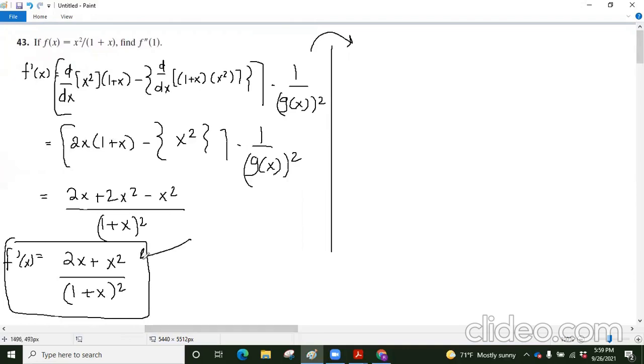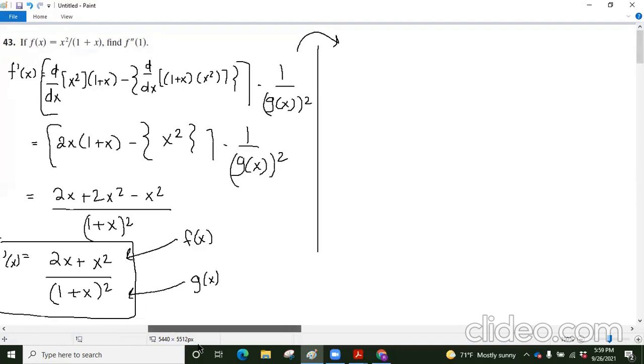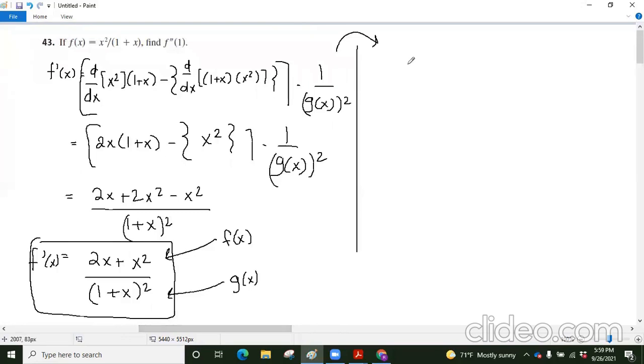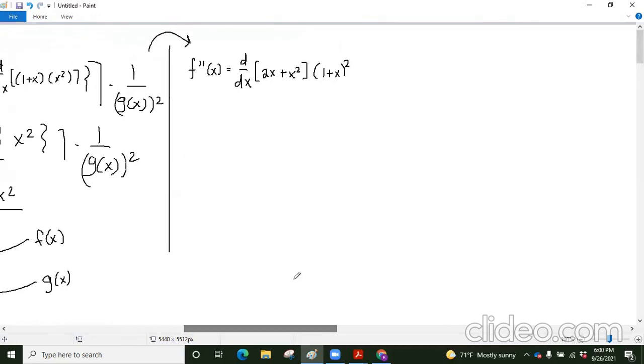Same idea. This is f of x. This is g of x. Same quotient rule formula, and we're going to apply that. So we're going to say that f prime prime of x is equal to the derivative of f of x, which in this case is 2x plus x squared, multiplied by 1 plus x squared, which is g of x.